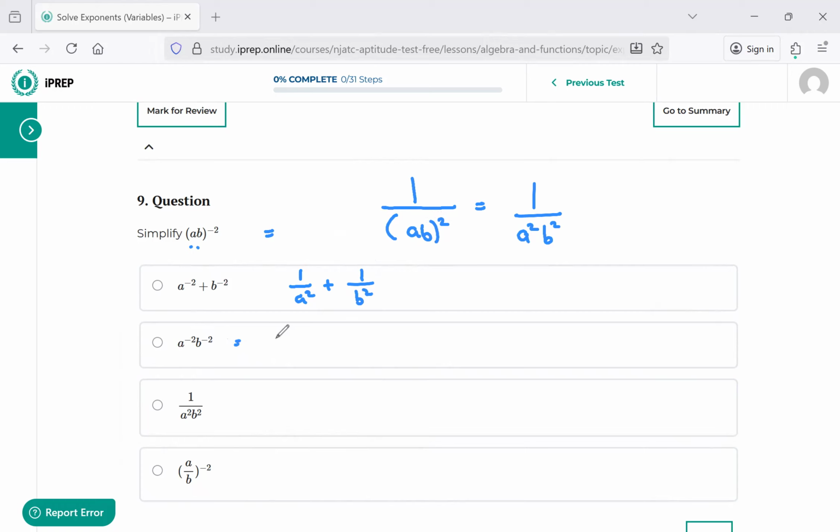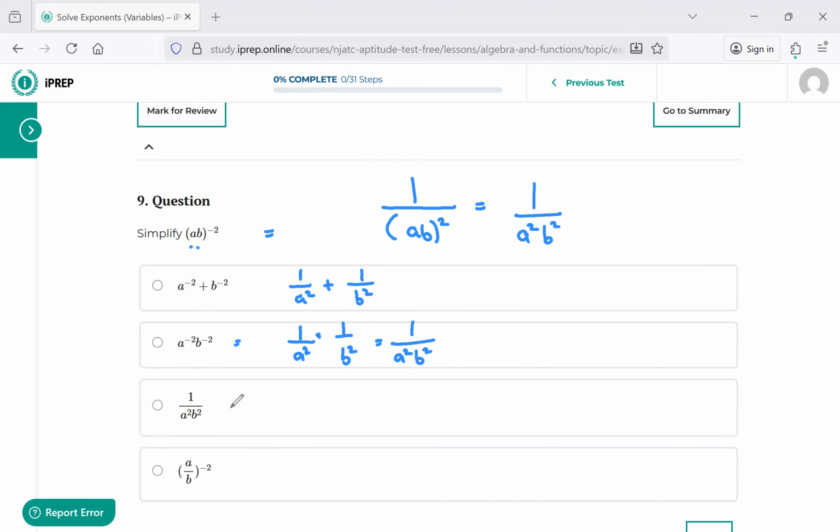Is it the second one? A to the negative 2 is 1 over A squared times, because it's squished, B to the negative 2 is 1 over B squared, which is 1 over A squared, B squared. Oh man, that could be true.